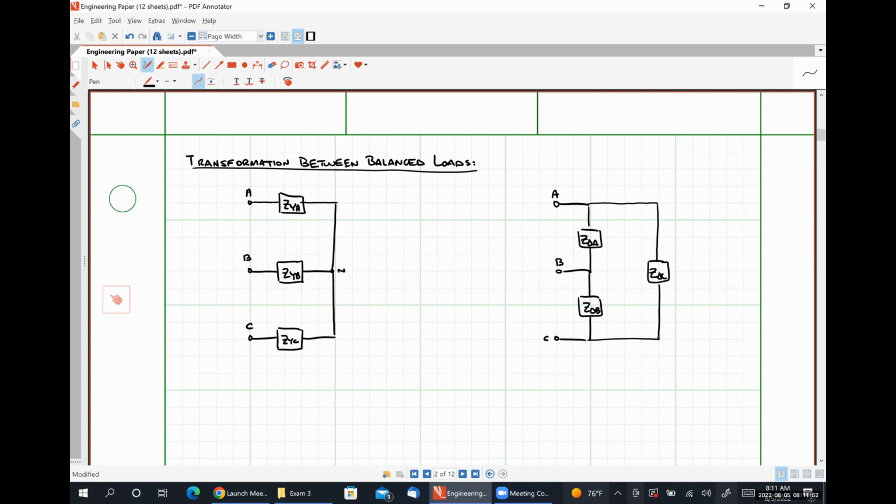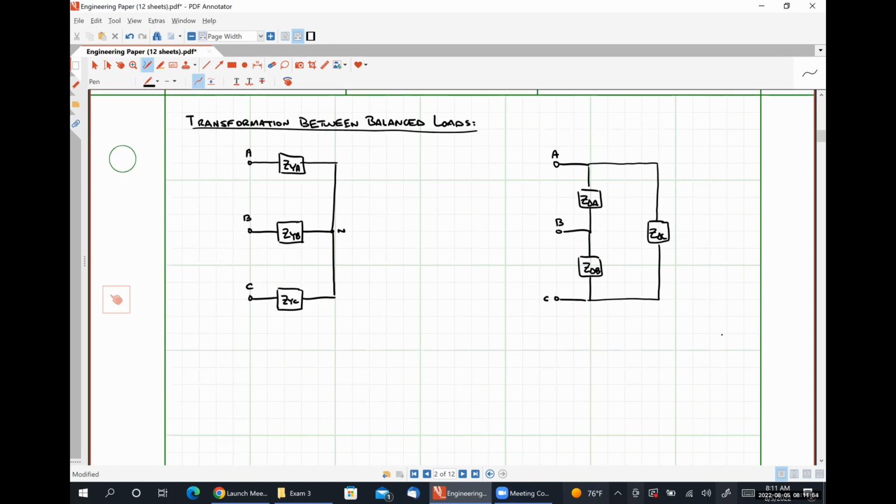So on the left-hand side, the impedance seen between terminals A and B is simply ZYA plus ZYB.